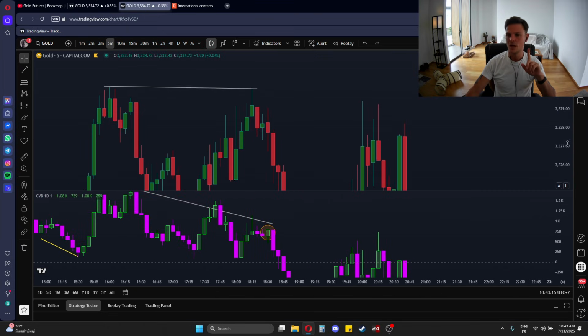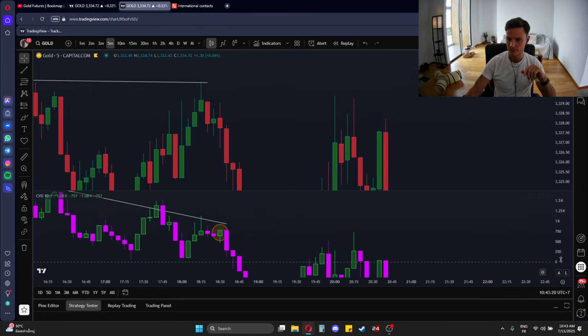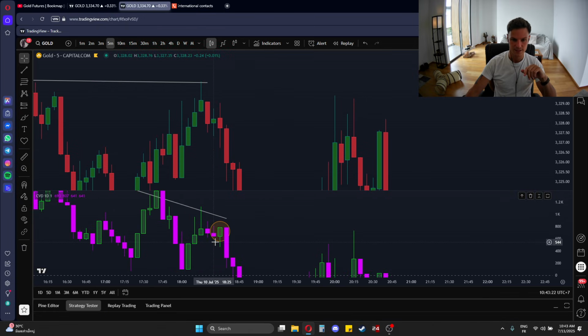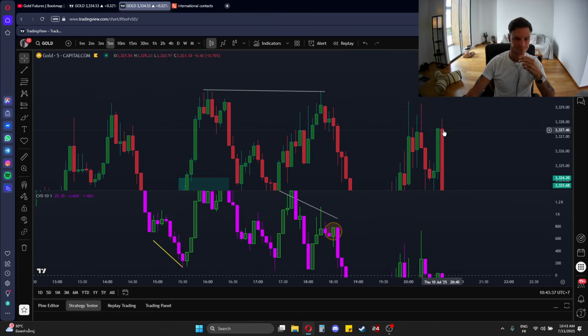It's not a great setup because we had the exhaustion, and again, I'm not a fan, but what did make it better is that this candle right here was a pretty strong green bullish engulfing candle. So we had pretty, let's say, aggressive buyers, but we had a red candle here, okay? So it was a pretty decent setup.